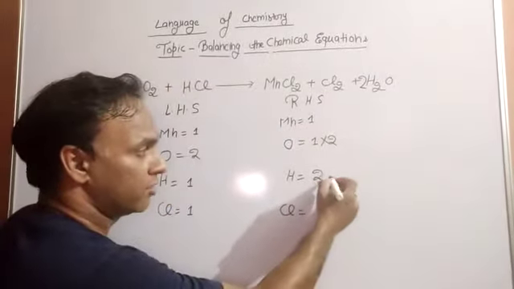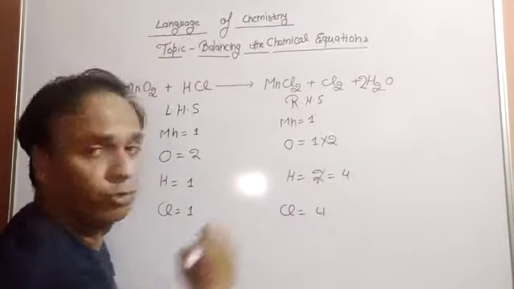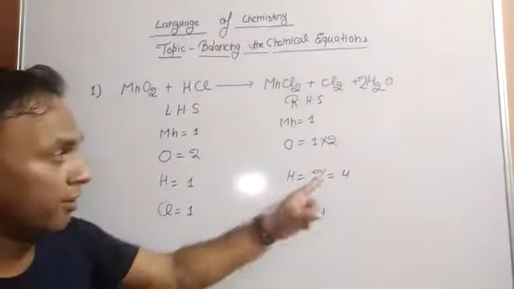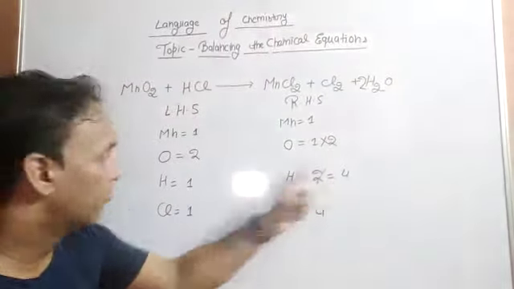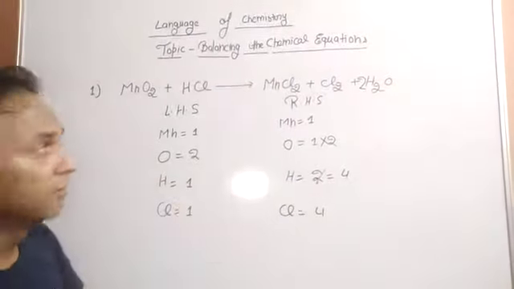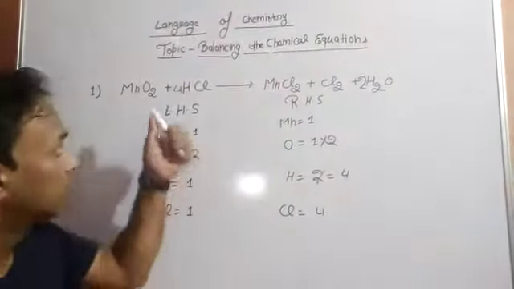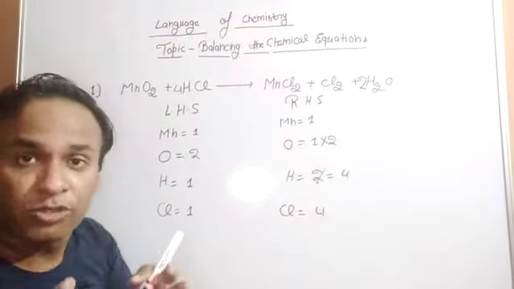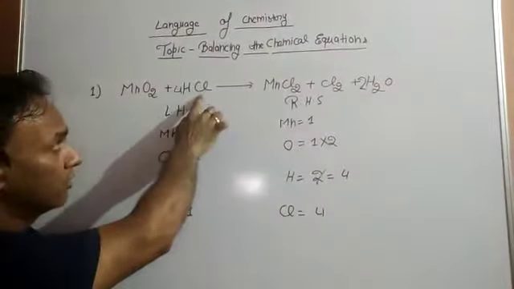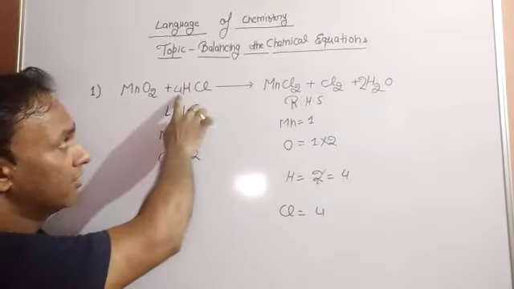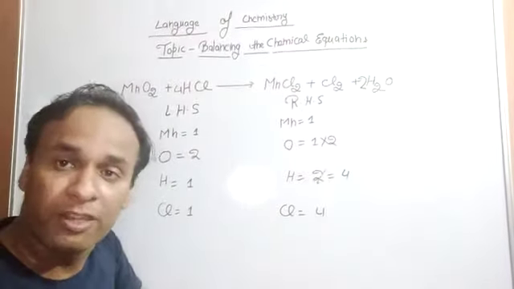Now the hydrogen atom is 4. In order to balance the hydrogen atoms 4, here hydrogen atom 1, then multiply by 4. Now when the hydrogen atom is 4, then automatically the number of chlorine atoms would be 4.